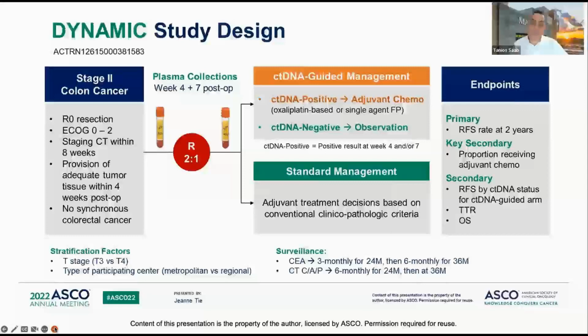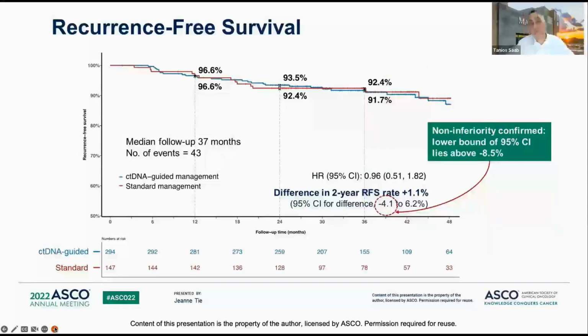And then there was a key secondary endpoint of the proportion of patients receiving adjuvant chemotherapy. First things first, this study met its primary endpoint of non-inferiority, meaning that going through ctDNA guided management did not fare any worse than standard management, pretty much about the same.